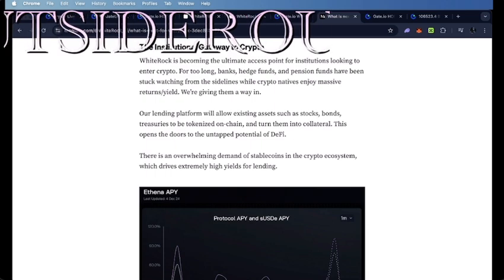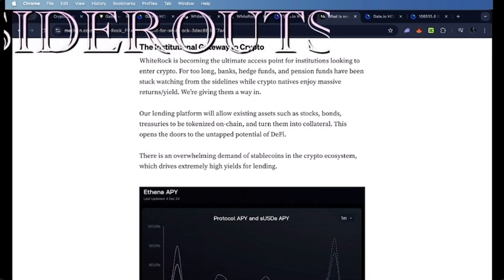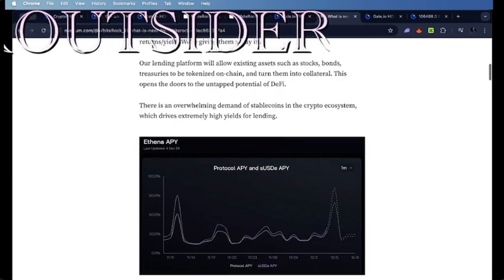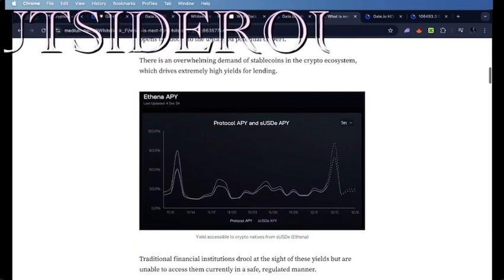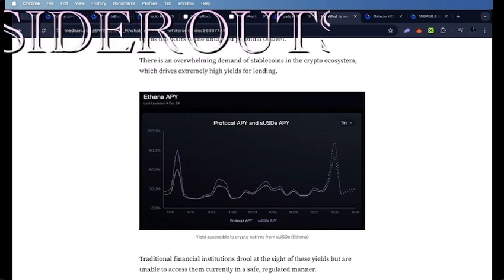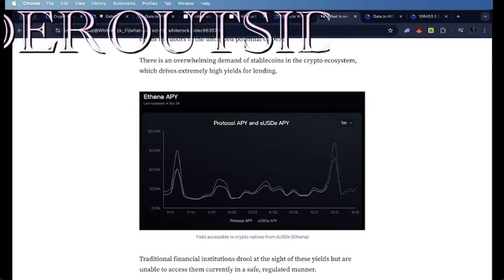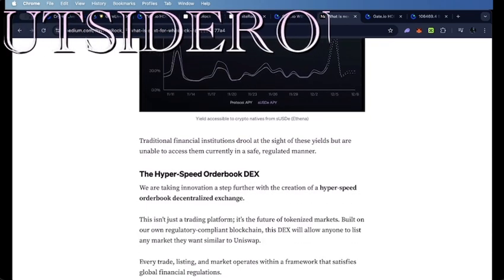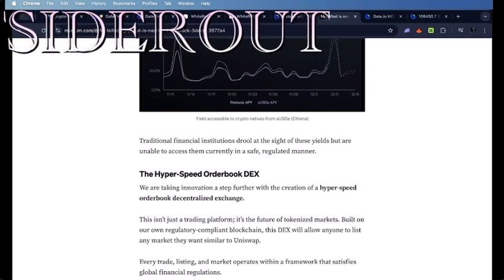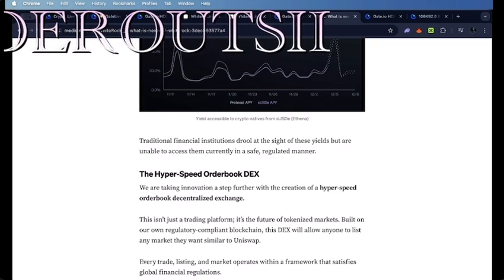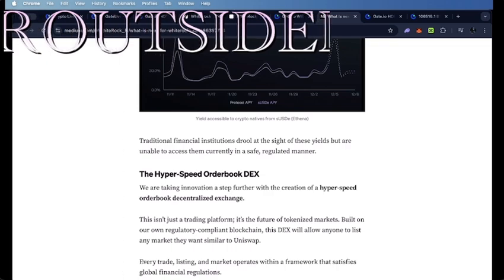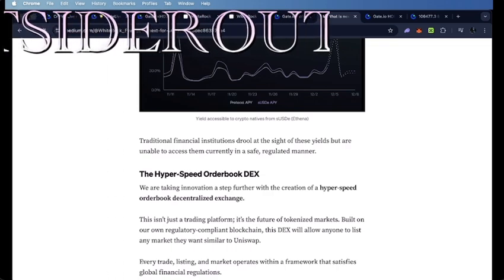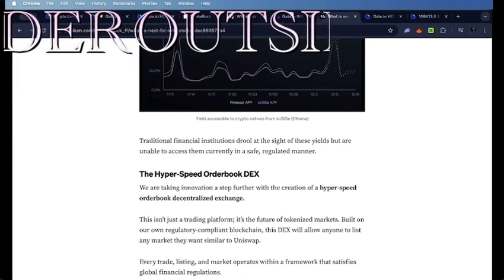This opens the doors to the untapped potential of DeFi. There is an overwhelming demand for stablecoins in the crypto ecosystem, which drives extremely high yield for lending. Traditional financial institutions drool at the sight of these yields, but are unable to access them currently in a safe, regulated manner.